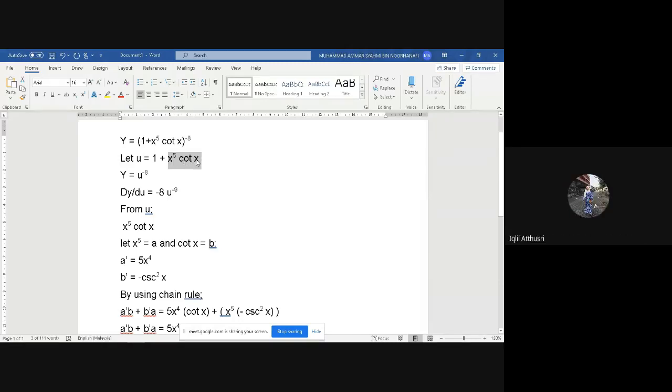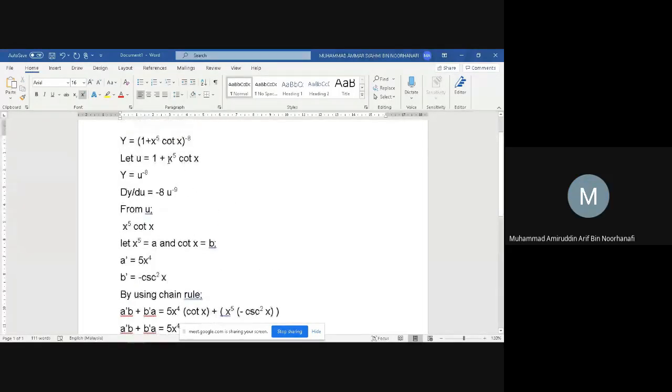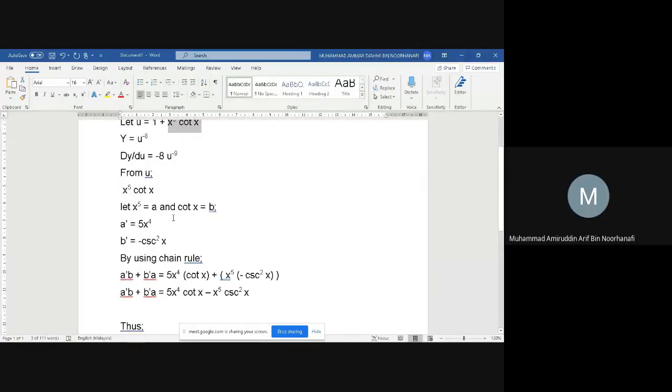So we only take this part of the u and break it down into two. In my case, I let x to the power of 5 equal a, and cotangent of x equal b.